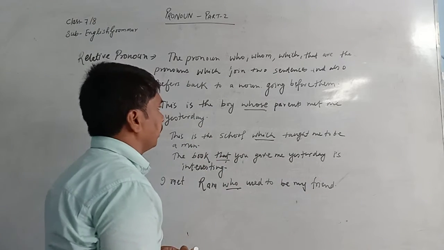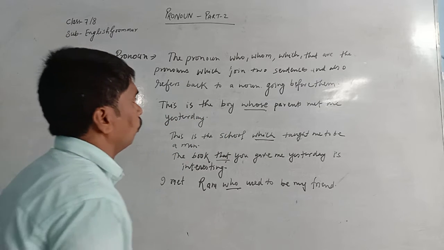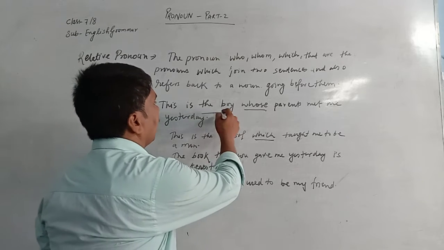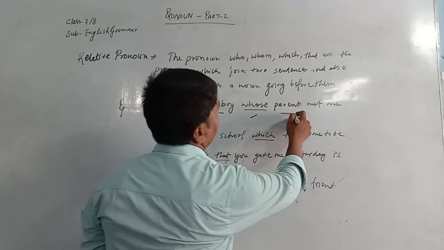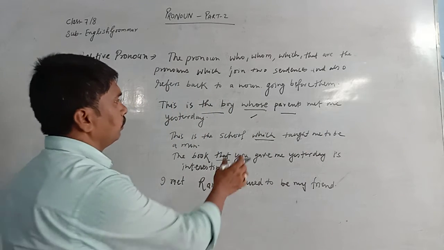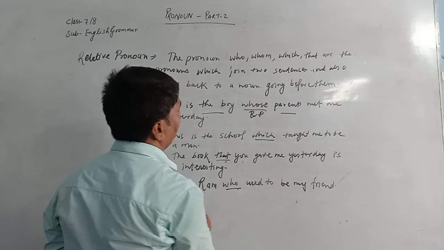You can take some examples. This is the boy whose parents met me yesterday. मीन्स ये वही लड़का है जिसके माता पिता मुझे कल मिले थे. So here whose is relative pronoun. Why is it relative pronoun?